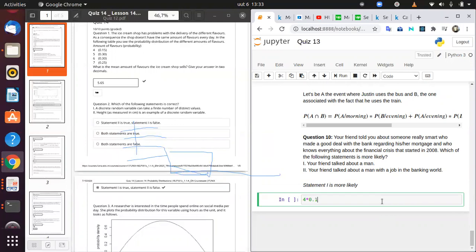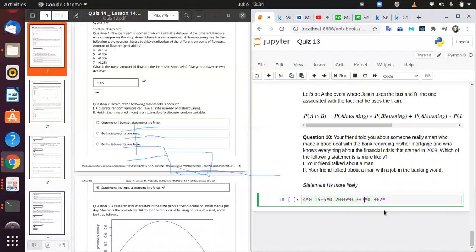So, 0.15 plus 5 times 0.20 plus 6 times 0.30 plus 7 times... no, go back, please.